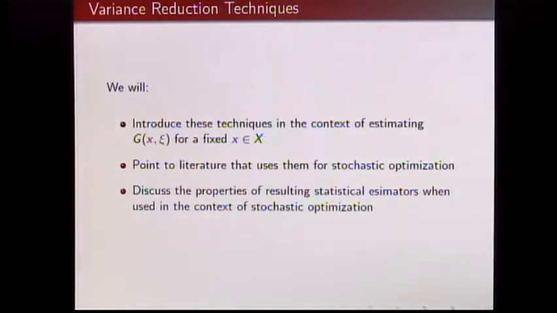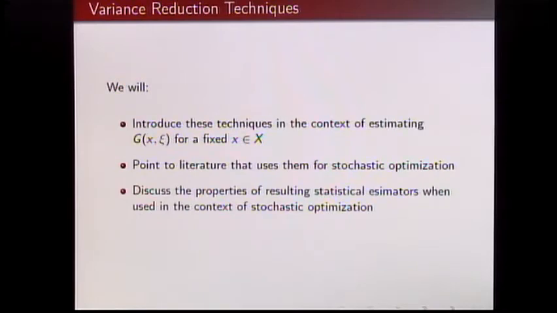All right. So, the way I'm going to do it is like this. First, it's easier to do this: I'm going to introduce these techniques in the context of estimating an expectation. So it's a small g of x, right? I want to estimate the expected value of this for a given x, so without any optimization. So just like regular statistics.